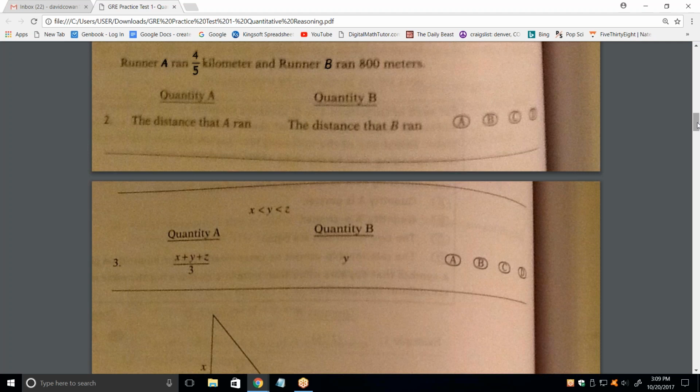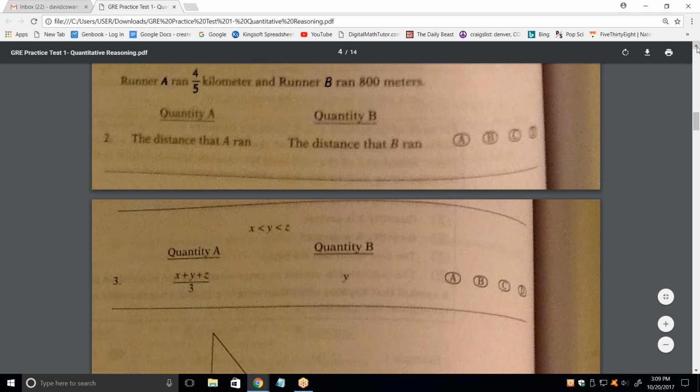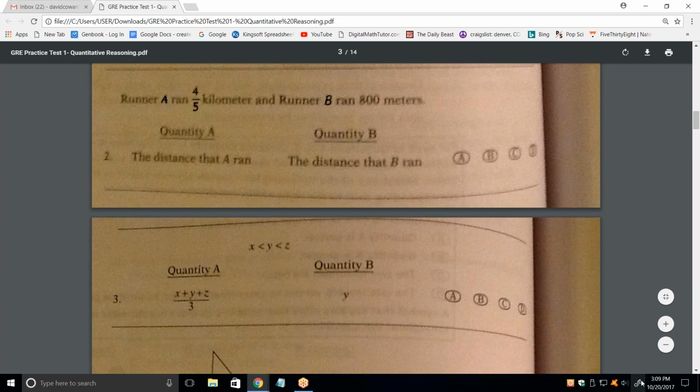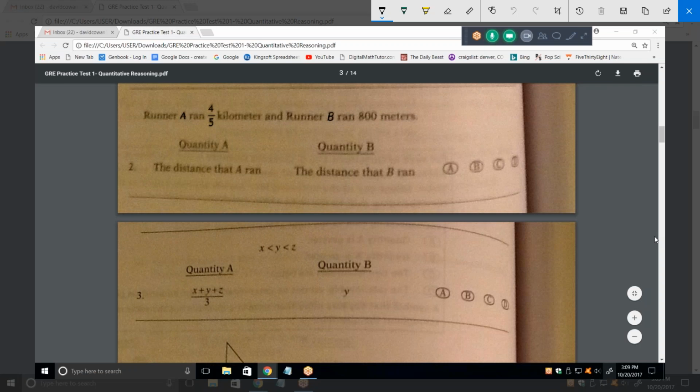In other words, that kilometer I can replace with 1,000 meters. There you go. Now solve it. Now what's 4/5? And you have your calculator in front of you? You should. You always want a calculator around.